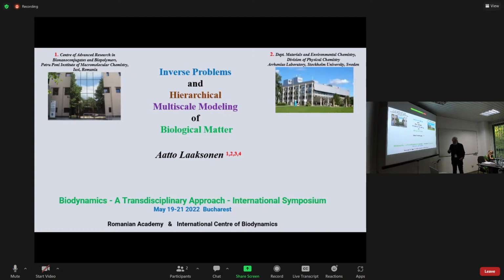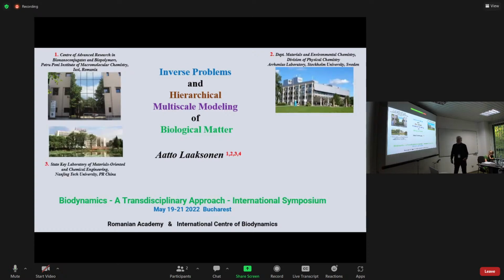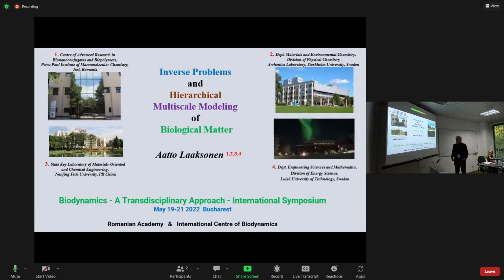And also now, once in a while, I go to Nanjing Tech University. I'm a member of staff there with some teaching and supervision, and also I'm a visiting professor in the most northern university in Sweden, Luleå. It's very close to the polar circle, and this picture is taken in the middle of December, where there is basically no daylight, but you can see very often beautiful northern lights there instead.